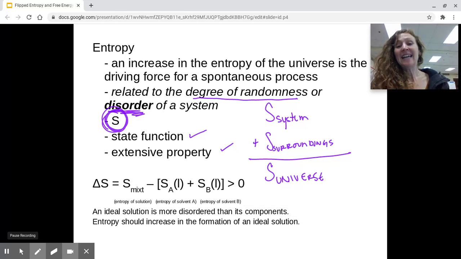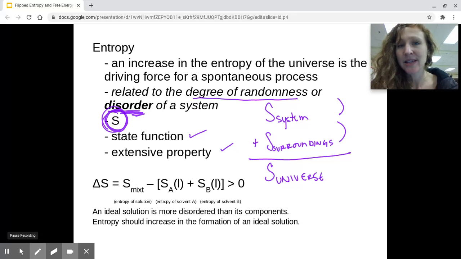Okay, now here's where the distinction comes in. So entropy of the system and entropy of the surroundings by themselves, they don't describe spontaneity. They're a part of determining whether this process is going to be spontaneous or not. But they, in and of themselves, can't tell you if a process is going to be spontaneous or not.